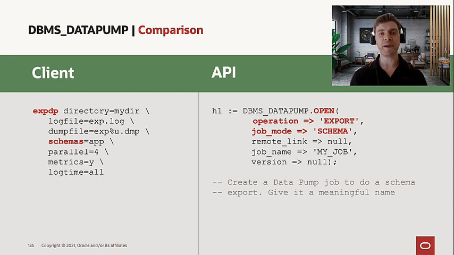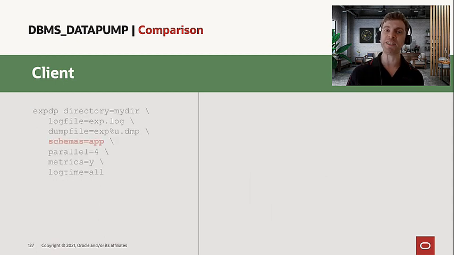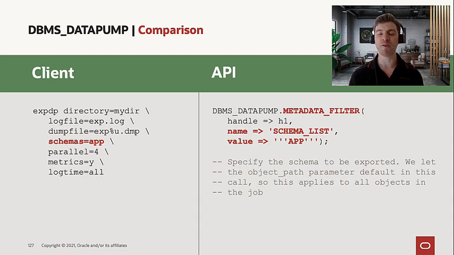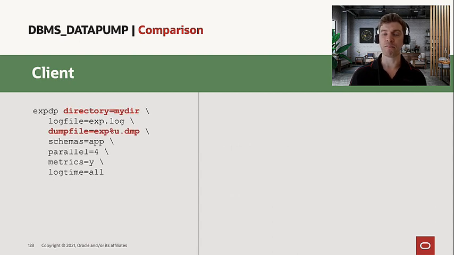Now, from this point, everything that we want to change in this export job, we are going to use this H1 variable. So for example, again, the schema is equal to APP, so we need to add a filter here. We use the METADATA_FILTER procedure, and we specify that the schema that we are using is just the APP schema. Also, we have a dump file, so you use the ADD_FILE procedure.